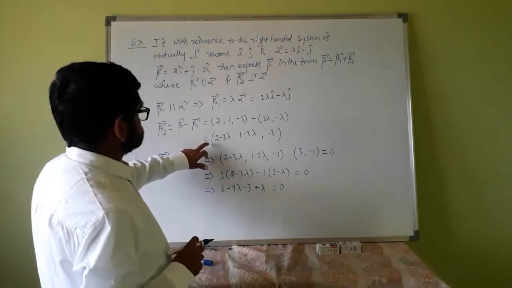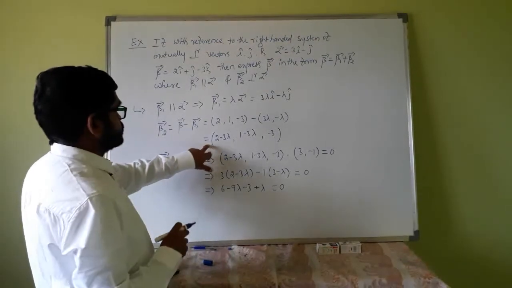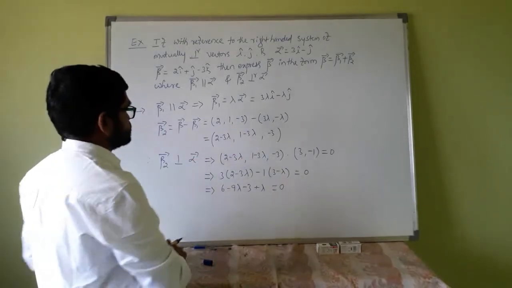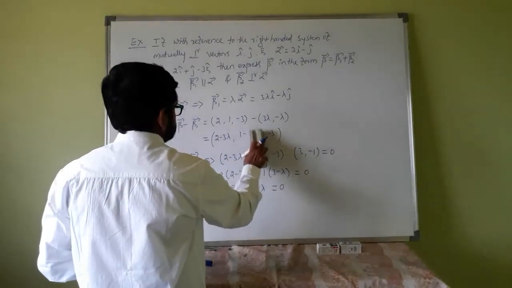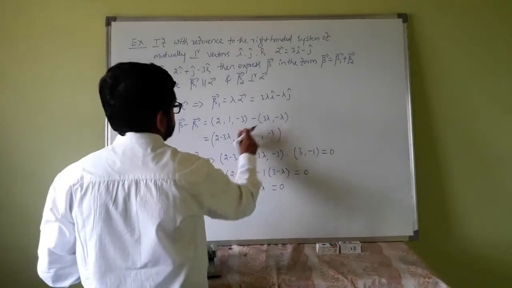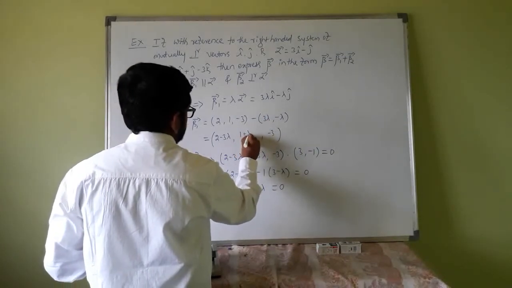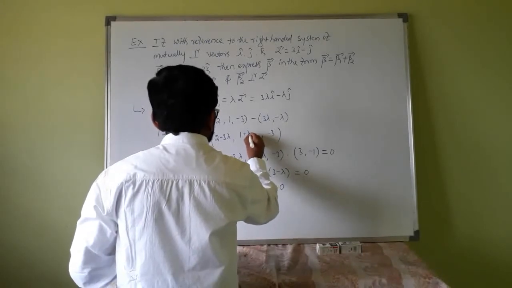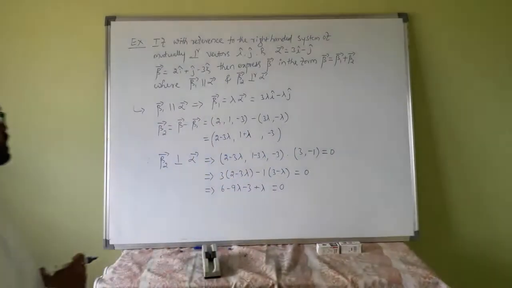Minus 3 lambda. Okay, this 1 plus lambda, isn't it? This should be minus of minus, plus in this. 1 plus lambda minus 3.